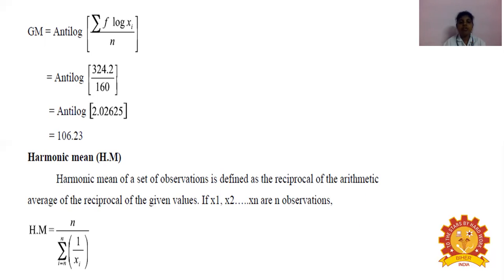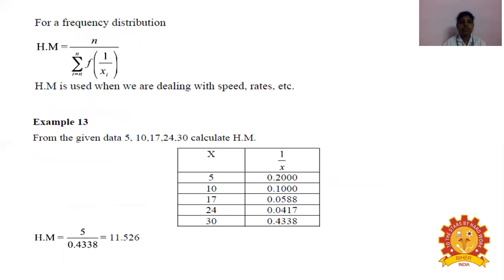This is the formula for harmonic mean. For frequency distribution, the formula is harmonic mean equals n divided by summation f into 1 by xi. Harmonic mean is used when we are dealing with speed, rates, etc.